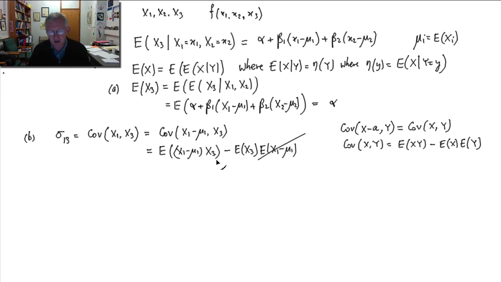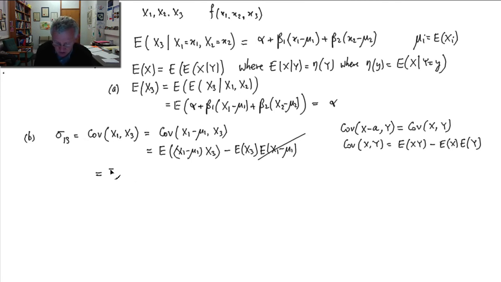Now, how are you going to do that? In this context, the problem is inviting you to think, well, I will use the conditional mean. So that's a sort of step that you have to think of using. So what I'm going to do is say this is equal to, and I'm just going to condition here on x1 and x2.